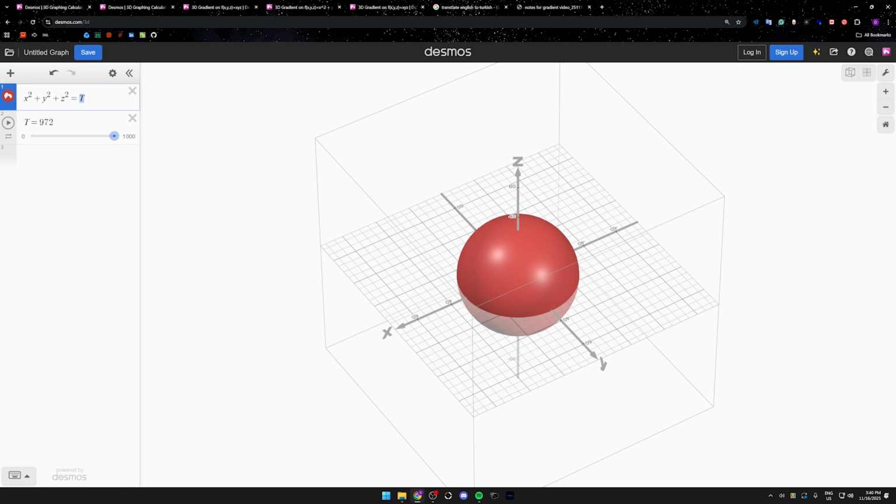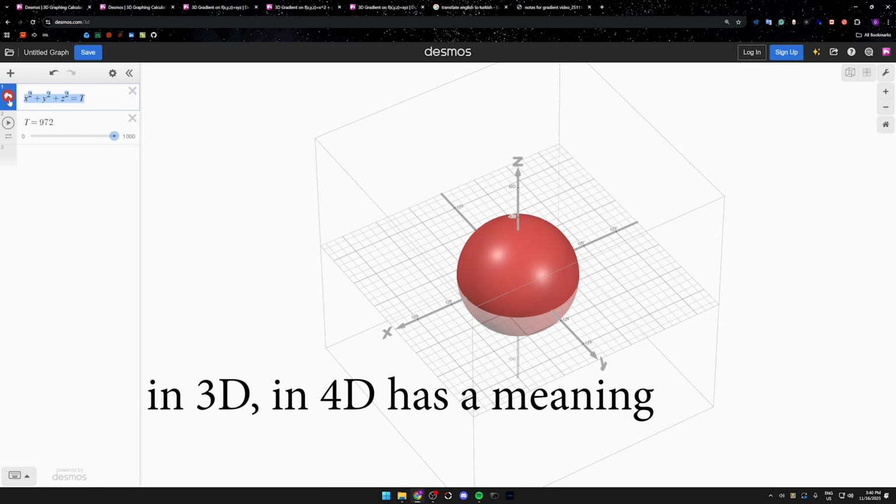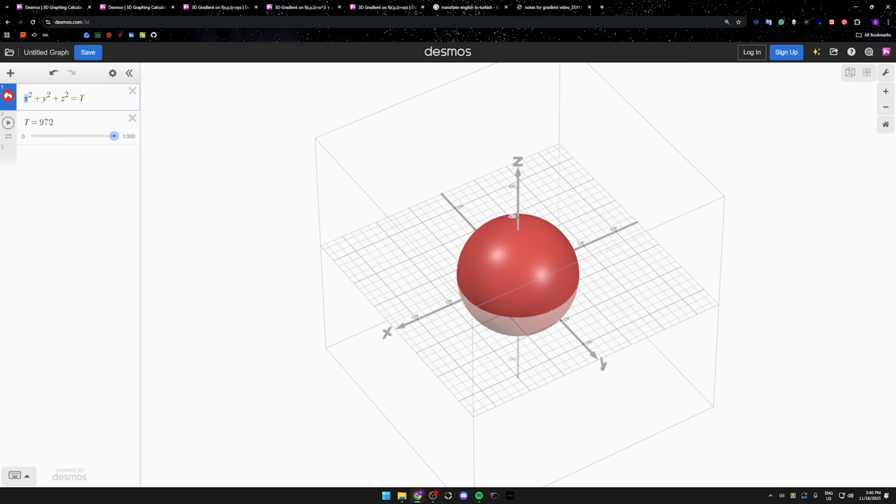So basically this has no real meaning by itself this way, because neither our x, y or z is constrained anywhere. So it could be anything, and this causes a problem because this is like a function that could be anywhere. So this has no real meaning.